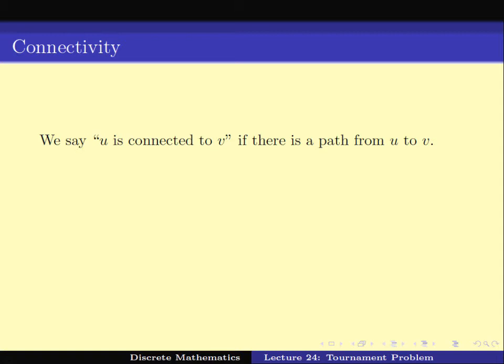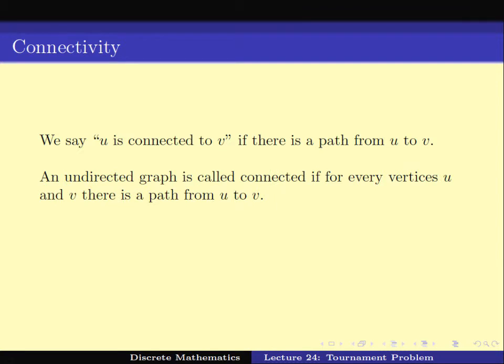We say U is connected to V if there is a path from U to V. If the graph is directed, it means a directed path from U to V. In an undirected graph, since there is no one-way direction, you can see for yourself that if there is a path from U to V, then there is a path from V to U. And if in a graph any two vertices can be reached from one to the other, then we call that graph a connected graph.